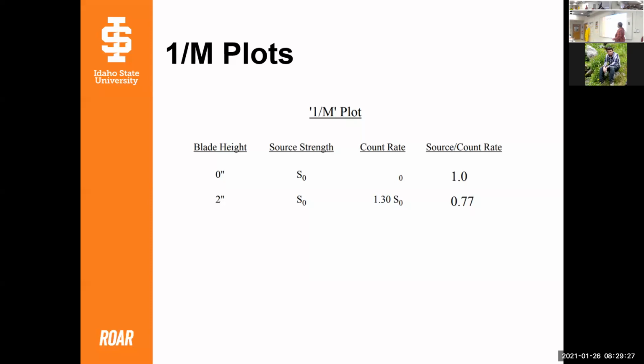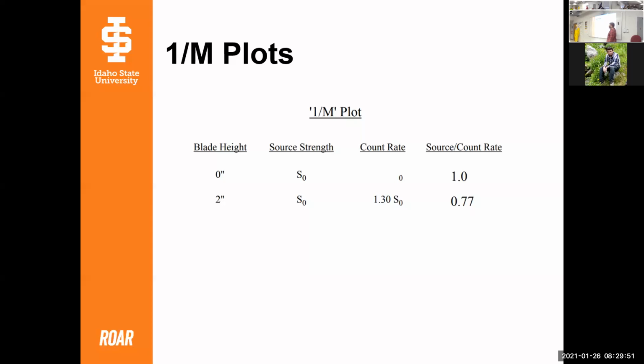I'm trying to show you that behind that count is subcritical multiplication times our source. And then our next step is going to be maybe this larger amount of subcritical multiplication times the source, and then a larger amount again. But we're not plotting this.